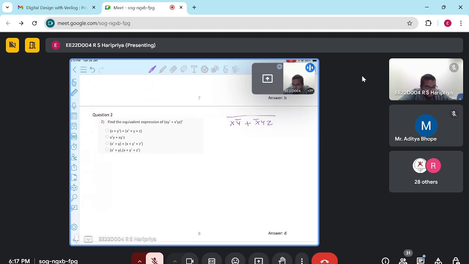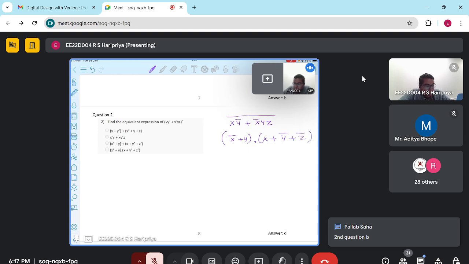So first is x complement plus y. This I am changing, AND to OR. Next is x complement is same, plus y complement plus z complement.